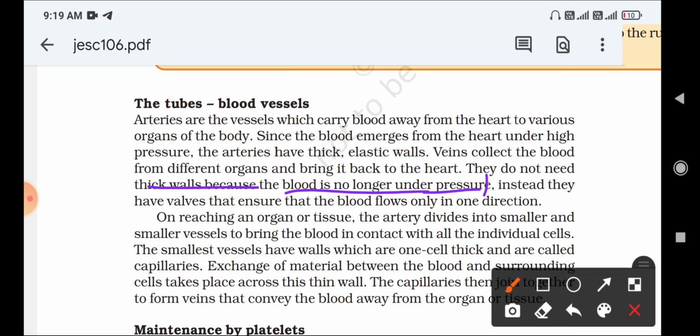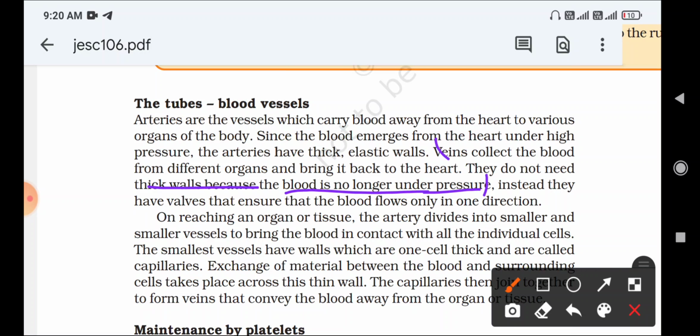Another question comes here: why do veins not have thicker elastic walls? Veins collect the blood from different parts of the body and send it back to the heart. At that time the blood is not under pressure, so they do not need thicker elastic walls.